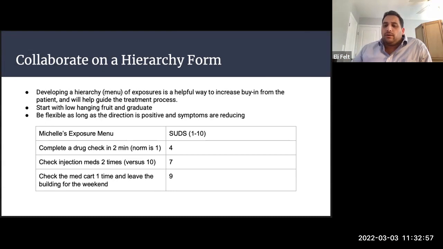She has a lot more meaning assigned to that in terms of the possibility of making a mistake, the severity of that mistake. So for her to only check an injection medication 2 times instead of 10 times would be a 7. And the same thing with her med cart as well, right? Just leaving the building after she checks it and not coming in and sneaking in over the weekend with her key fob and rechecking everything over the weekend, that would give her a 9 if she didn't do that.